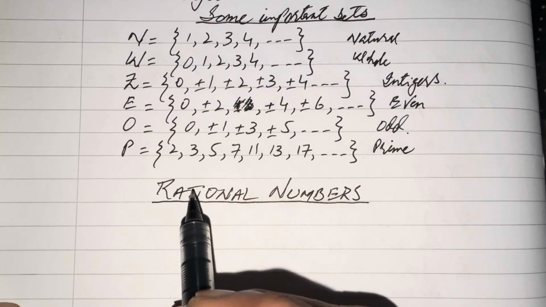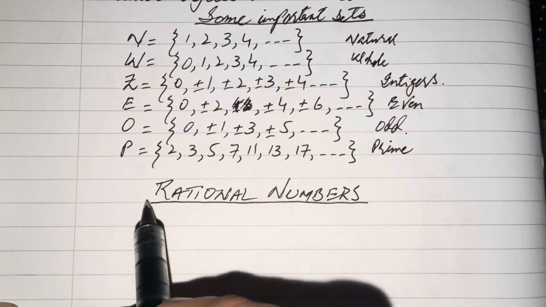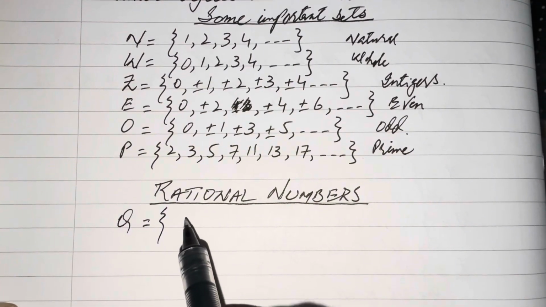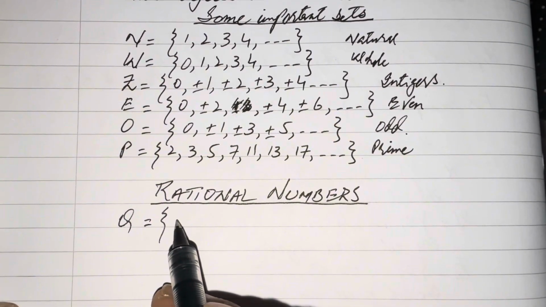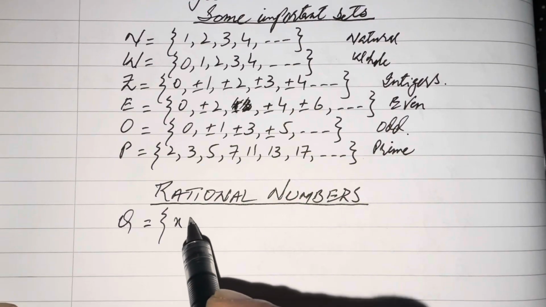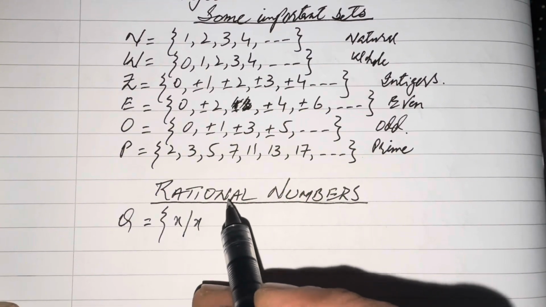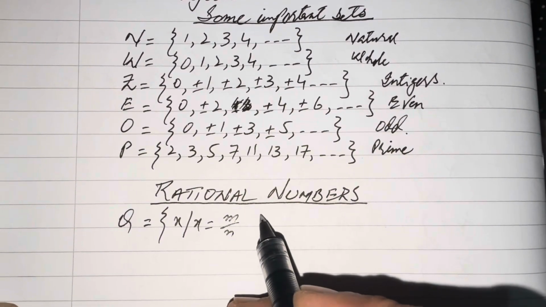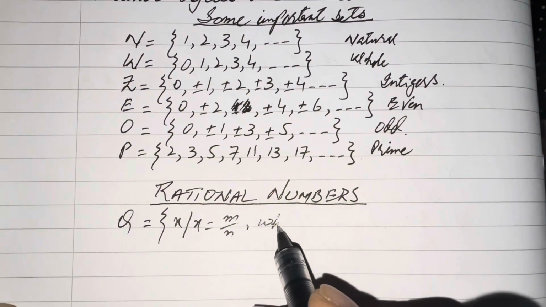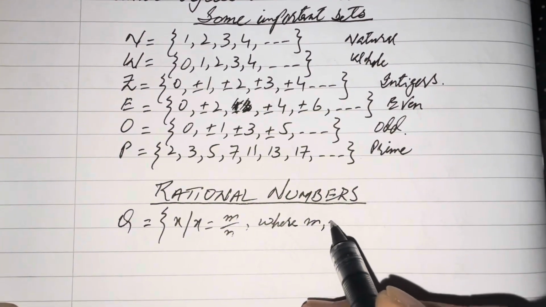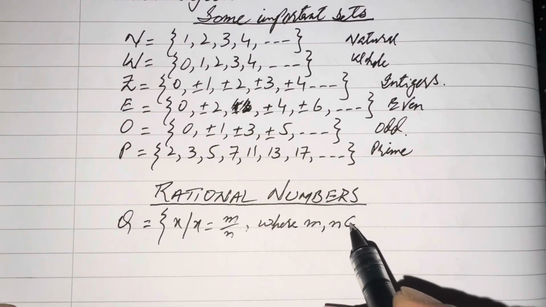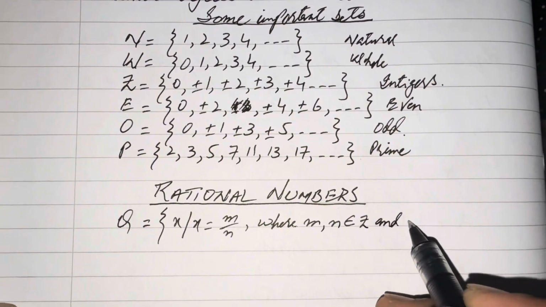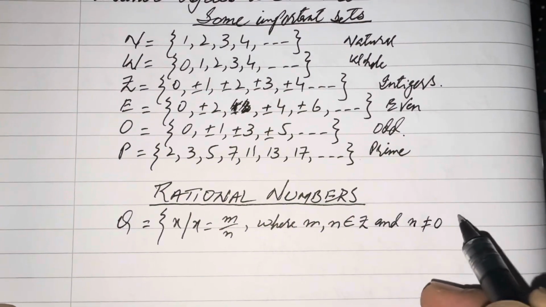Rational numbers are always denoted by Q, and they can be written in the brief descriptive form: x, where x is equal to m over n, where m and n belong to Z, and n is not equal to 0.